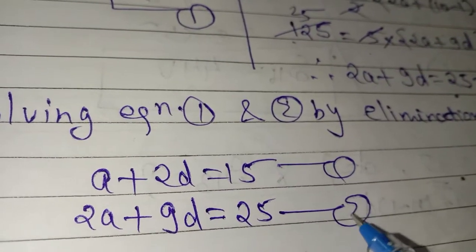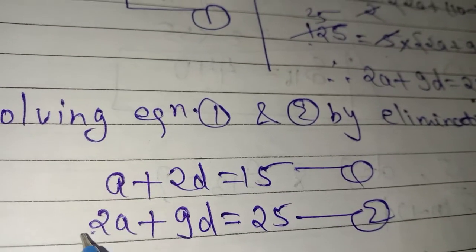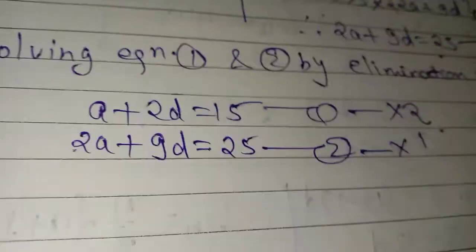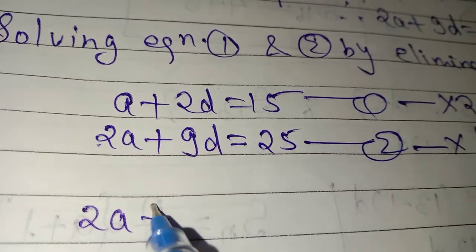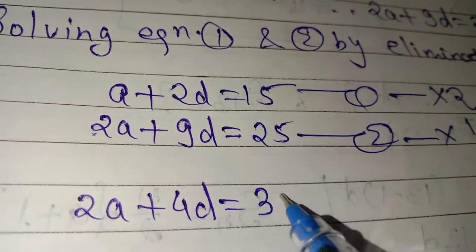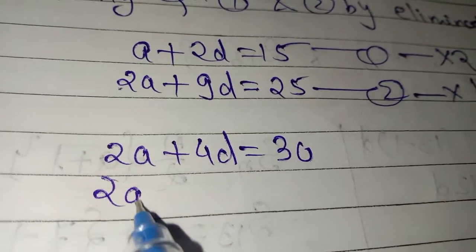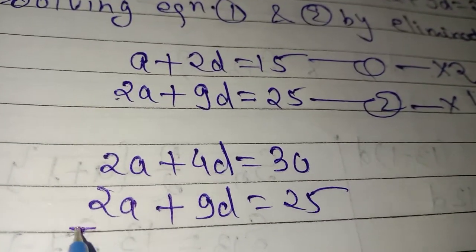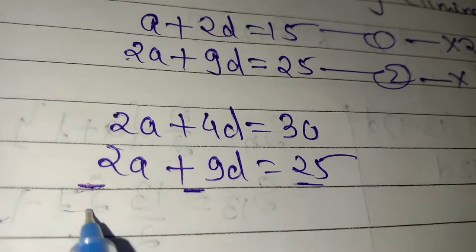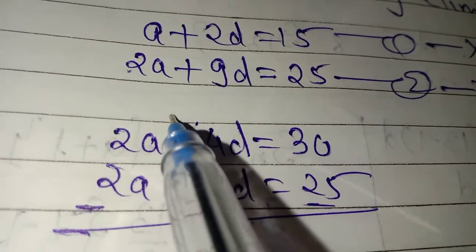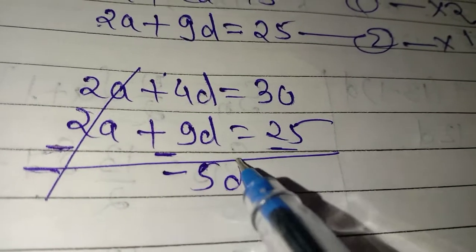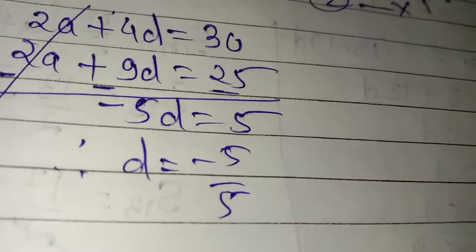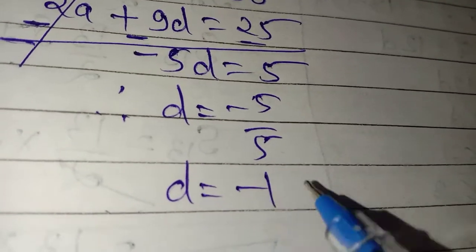Now cross change the coefficients: I am multiplying the first by 2 and the second by 1. So it is 2a plus 4d is equal to 30 and 2a plus 9d is equal to 25. I will change the sign, minus, minus and minus. So 2a and 2a cancel, it is minus 5d is equal to 5. Therefore d is equal to minus 5 by 5. I got the value of d as minus 1.